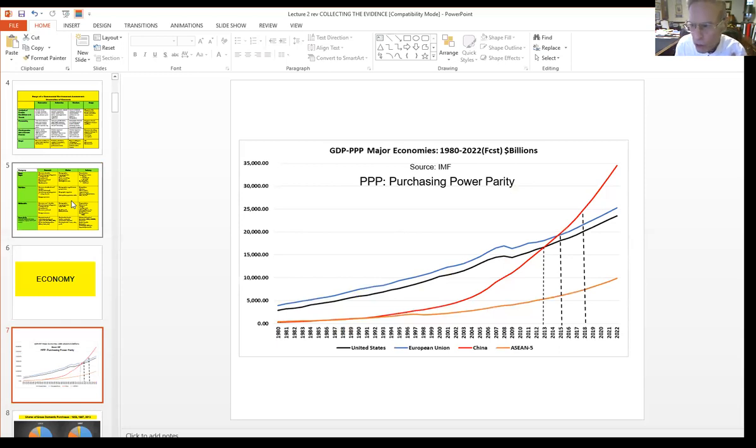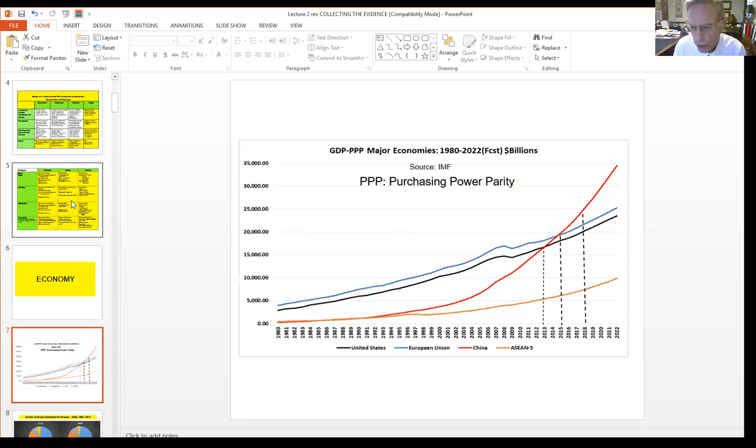And for that reason, economists now convert the value of economies, economic variables, into purchasing power using a technique called purchasing power parity. That's the right way to compare the value of different countries' economies. When we do that, here's the result that we get, and you can see it on this chart.